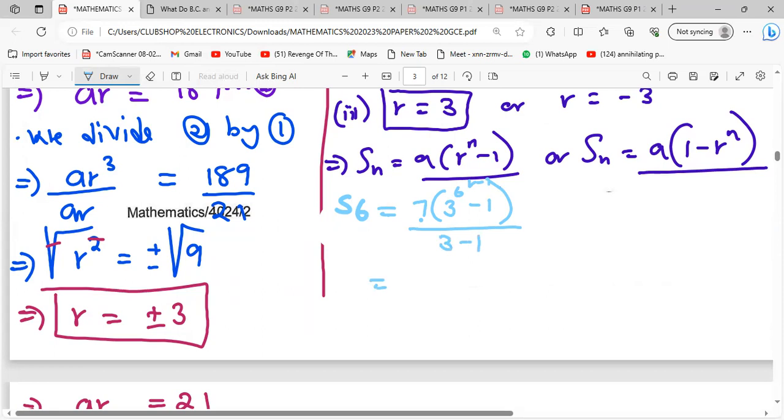So what do we get? You can just use your calculator. That is 3 to the power 6 minus 1, by 7, divided by 2.